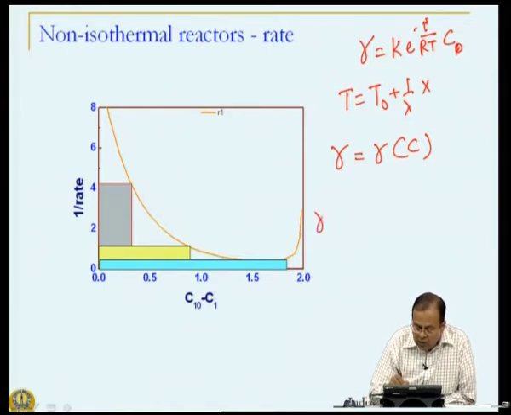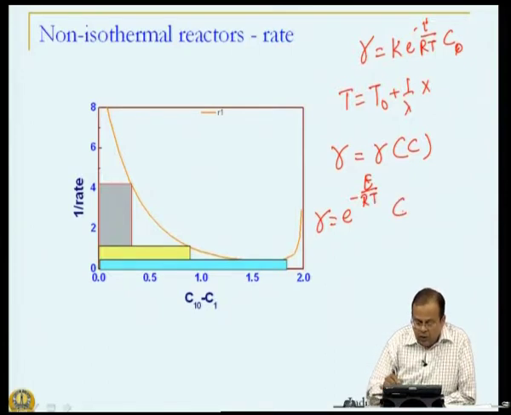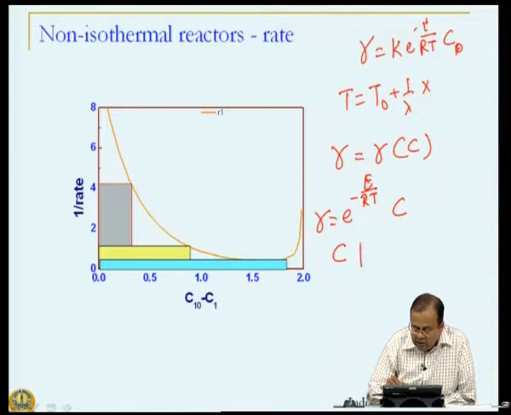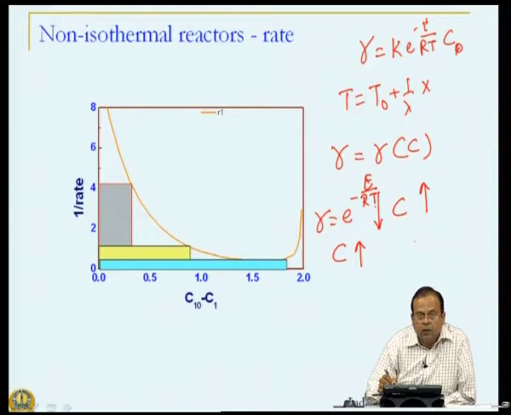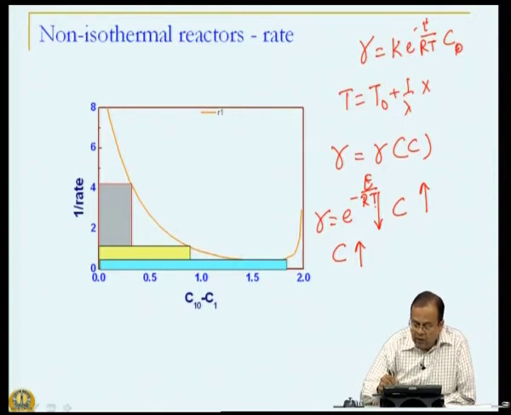Now, if you look at the rate, there are two important effects. I am not writing the k naught constant. So, as C increases, this term will increase, but this term will decrease. Why? Because for a higher value of C, close to C naught, X is low, so temperature is low.